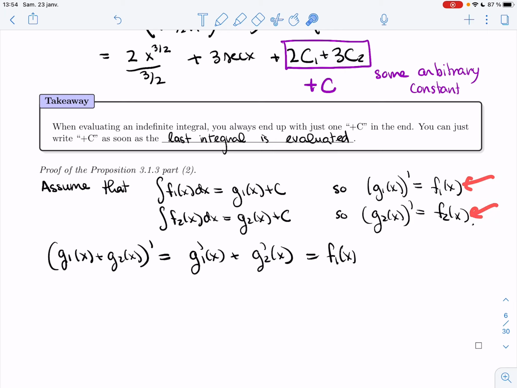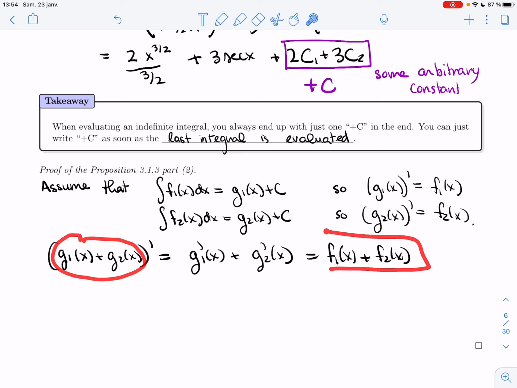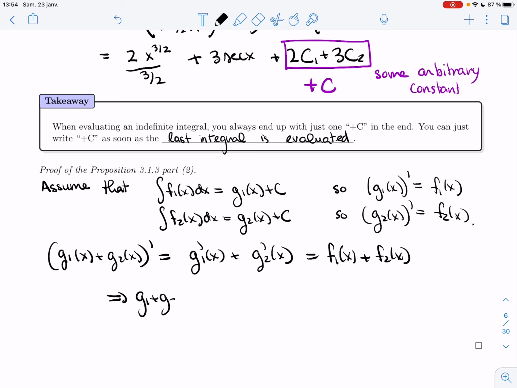And the second part will be f2 of x right here. And so I know a function whose derivative is f1 of x plus f2 of x. So g1 plus g2 is an antiderivative. That's what it means. It means that if I differentiate g1 plus g2, I get f1 plus f2.